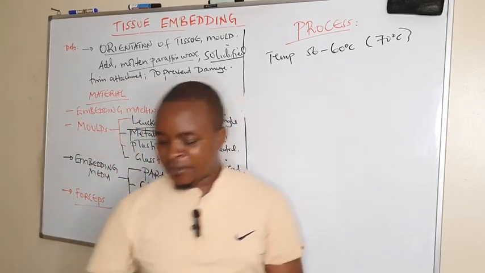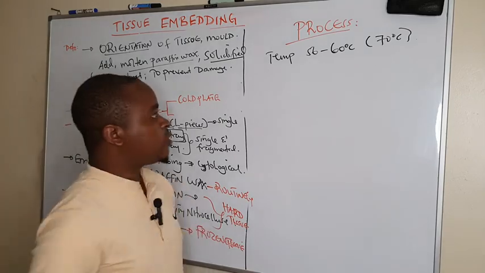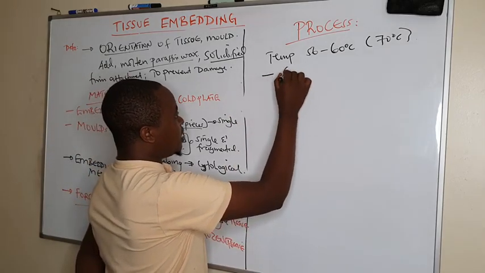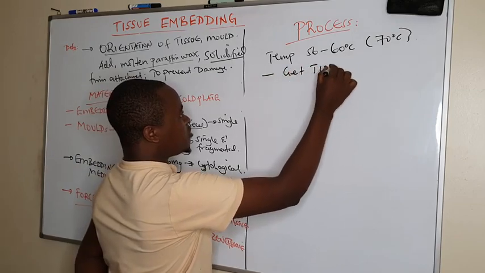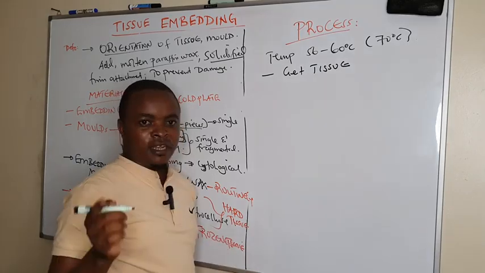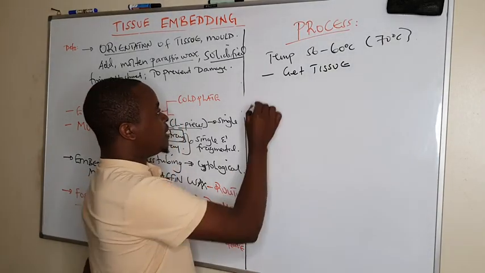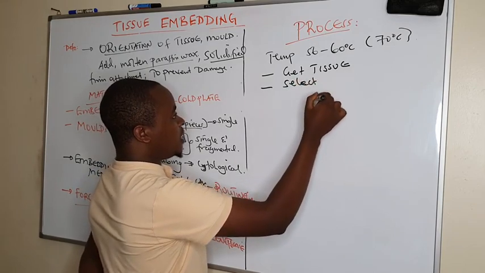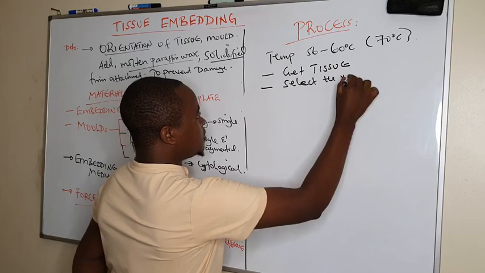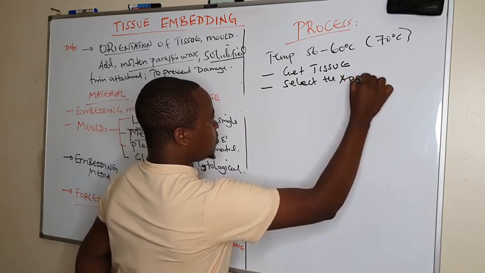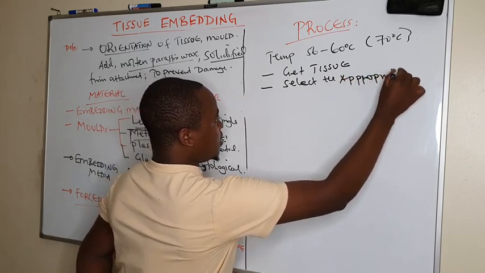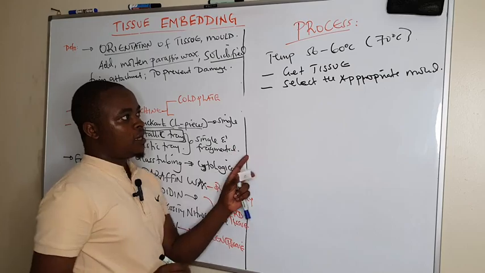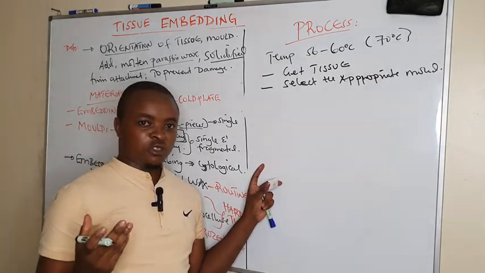So in summary, we are saying the process is, we get the tissue from the tissue cassette. After obtaining the tissue, we determine the size and select the appropriate mold depending on the size and the consistency of the tissue.